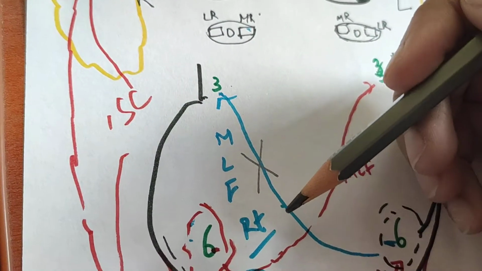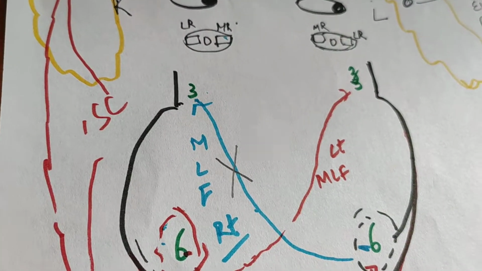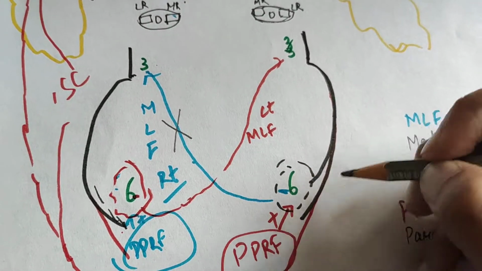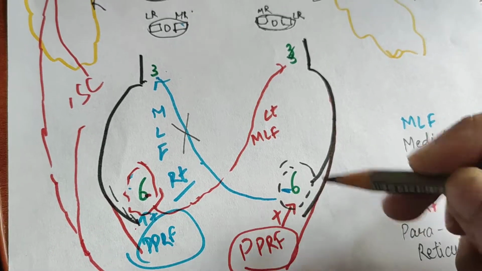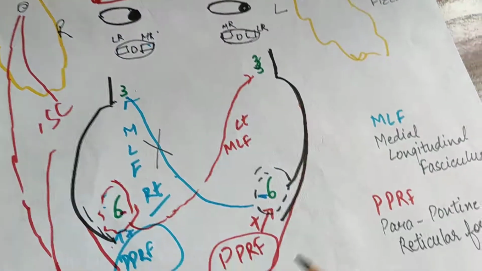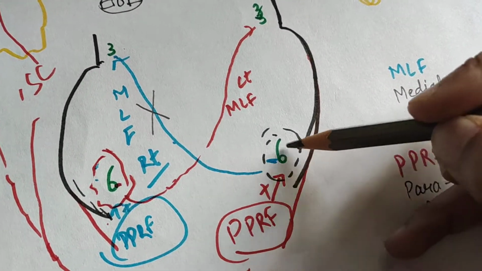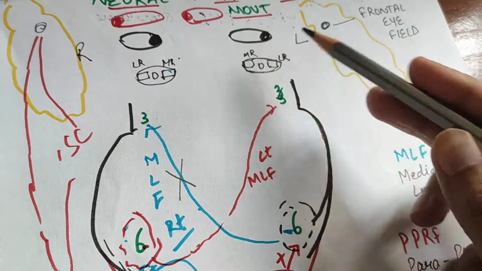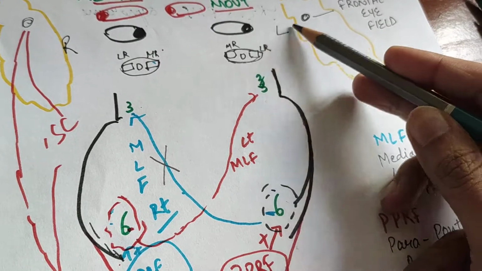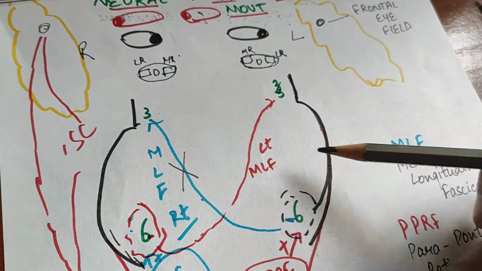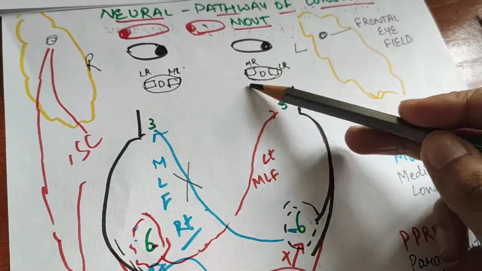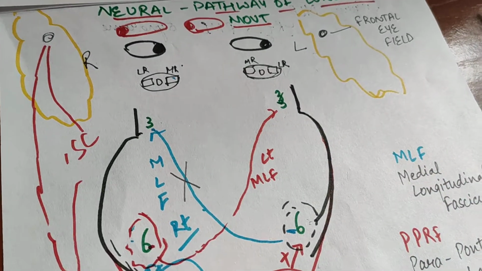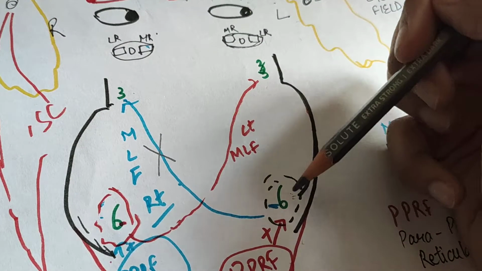What does the right MLF do? Suppose this is activated, and then through this the sixth cranial nerve is activated, and this left eye will move. The left eye lateral rectus is working because of the sixth, so this left eye will move towards the left. Now what would happen?